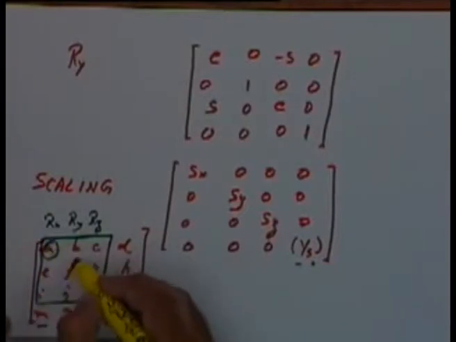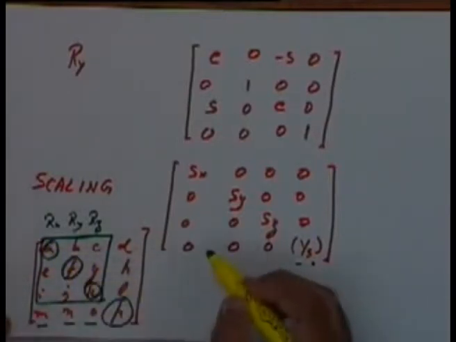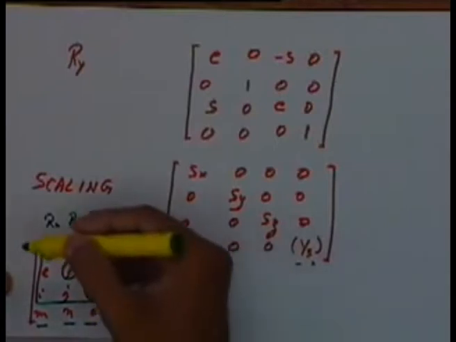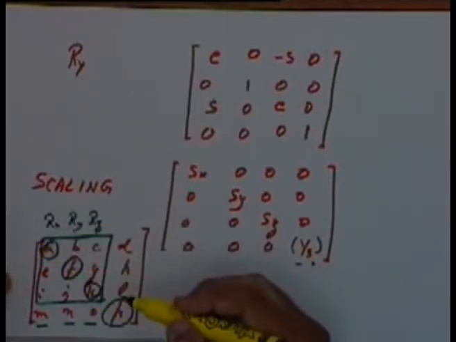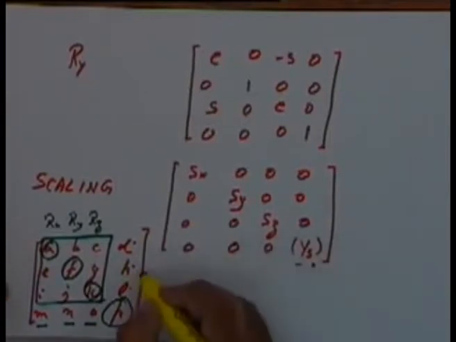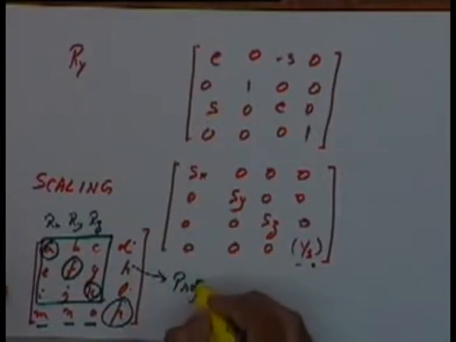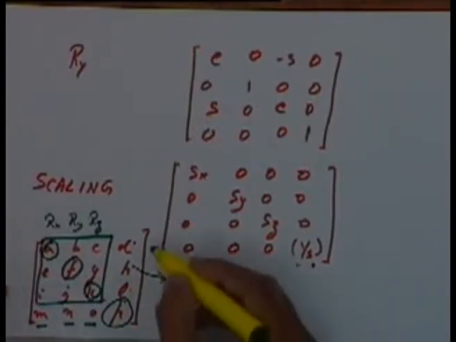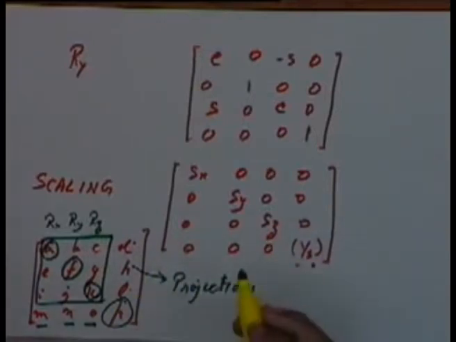Then these 3 diagonal terms will control the scaling in the x, y and z directions. These 3 terms we haven't yet talked about. These will control the projections and how they will control the projection, that we will see later on.